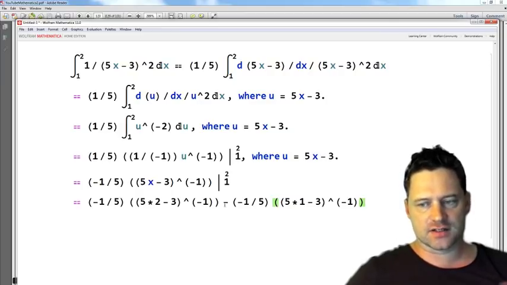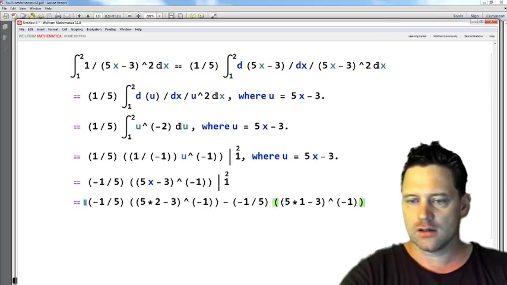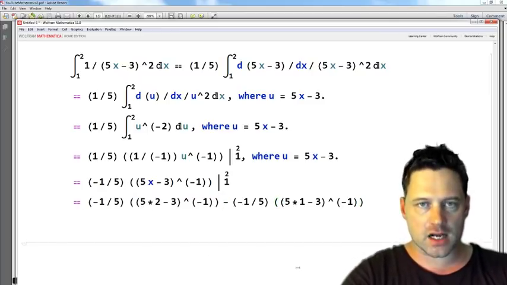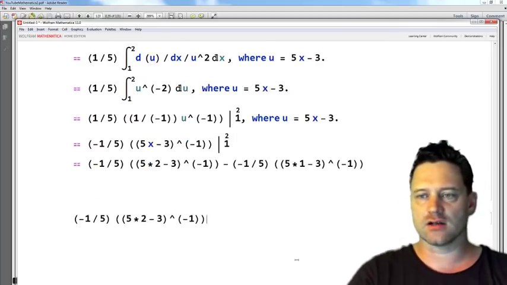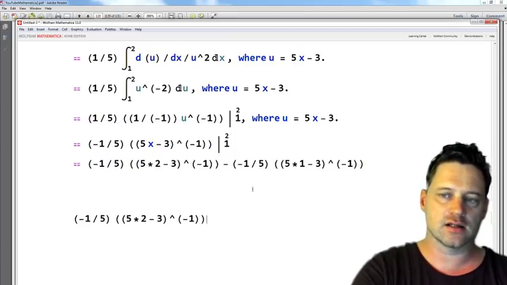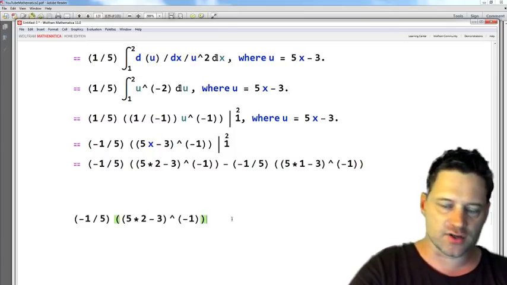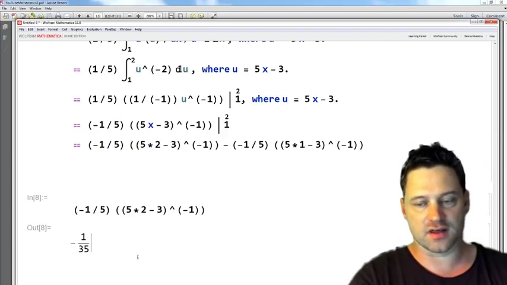We just have a difference of 2 quantities. So let's just calculate one of these, and I'll get Mathematica to do this calculation. Notice I put in a new cell, so I don't have to execute any of this that's here. If you did, you'd probably get an error message. I've come into a new cell, and I'm going to press Shift and Enter, and I have -1/35.